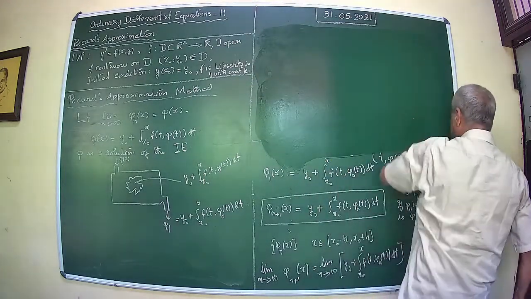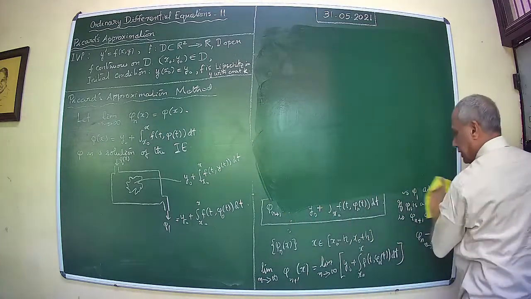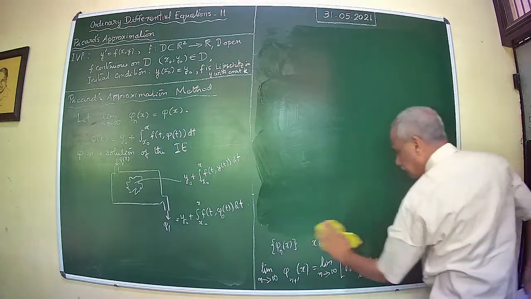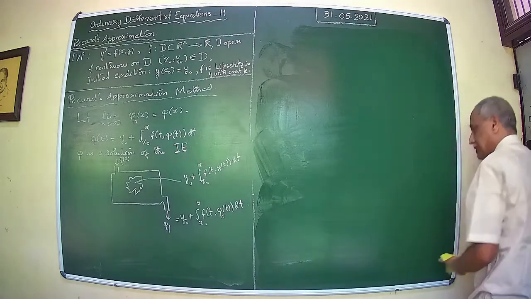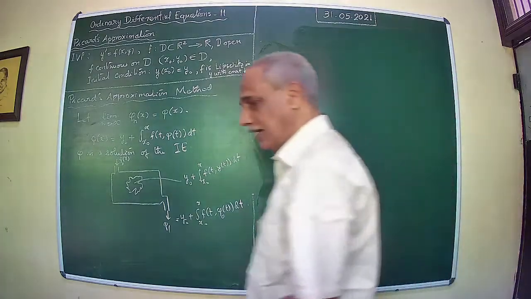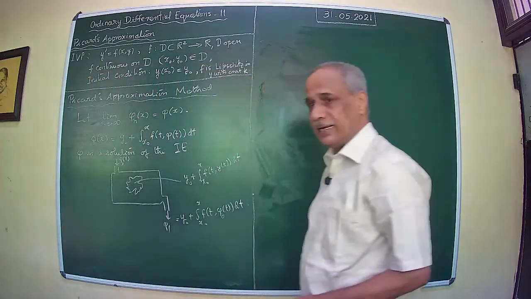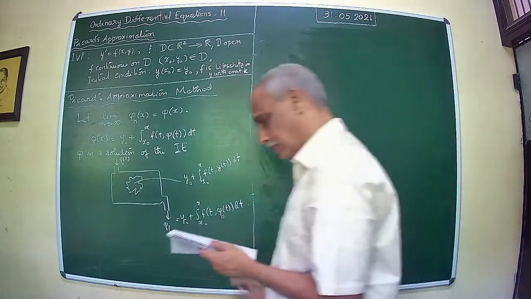So it is clear to you now what is to be done. Each one of these tasks we undertake and then put them together, you will get the result. You will prove that phi is a solution of the integral equation, and equivalently it is a solution of the initial value problem.